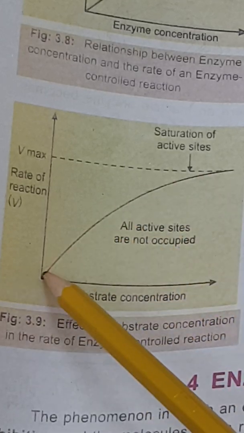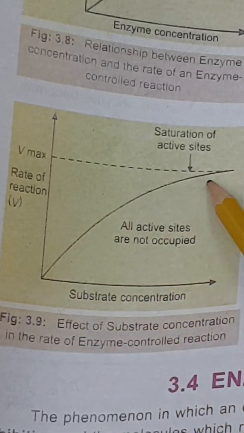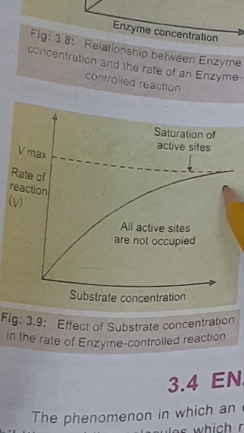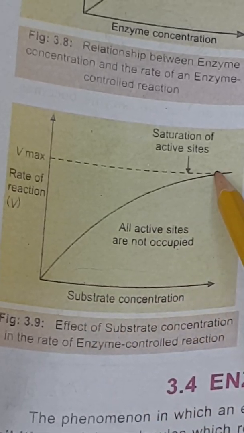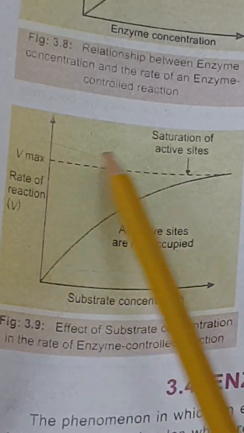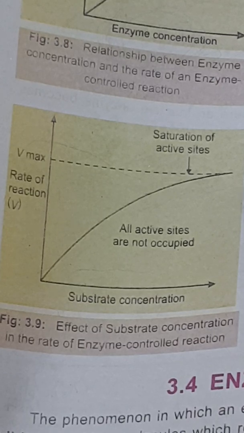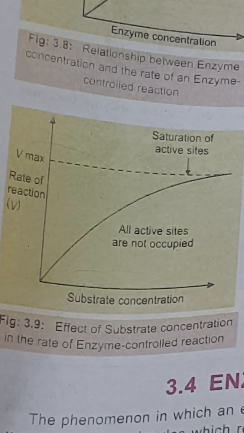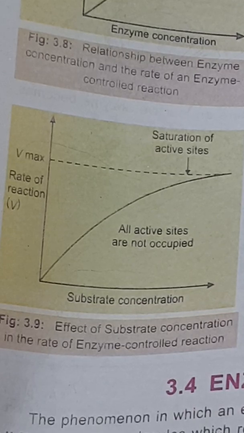It means that the rate of the chemical reaction will increase with the addition of substrate, but at a specific point there will be no more change in the reaction. The reaction will go on at the same speed, with no increase or decrease.